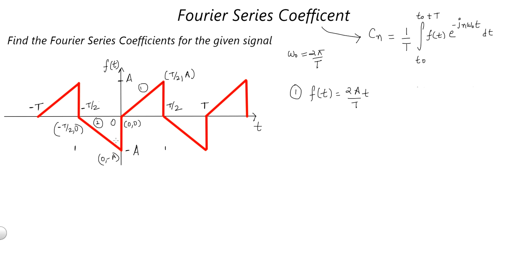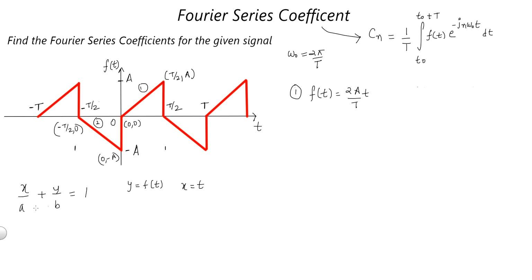Now for finding the equation of this second part, we are using the intercept form of the equation of a straight line, that is x by a plus y by b equals 1, where y is equal to f of t and x is equal to t.